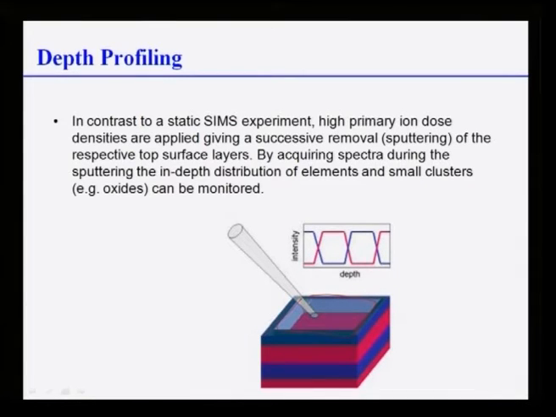You start from this part, then come back, doing the raster. One surface layer is removed and you measure the composition. Then you go in the depth direction and do the same thing, rastering, and get the distribution of elements in 3 dimensions. Or otherwise you can keep the beam static, not rastering, and just sputter along a certain direction and measure the counts from the elements.